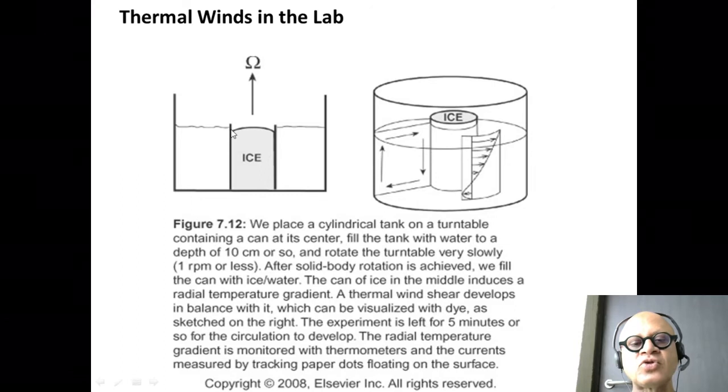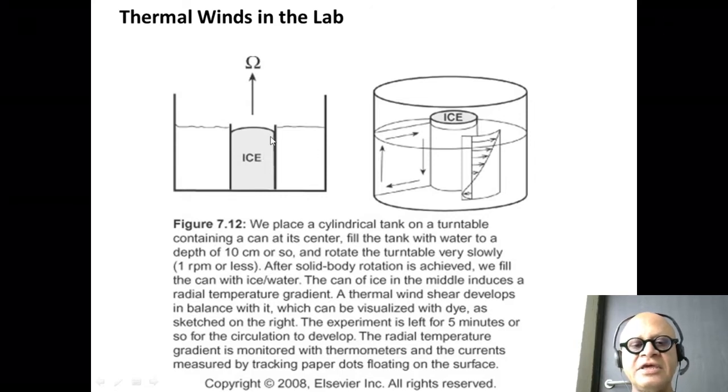So they rotate the tank slowly and establish a solid body rotation, as we have talked several times before, where the entire water columns are moving with the same speed as the tank, so it's a solid body rotation. And slowly the can in the middle is filled with ice or ice water that creates a temperature gradient.